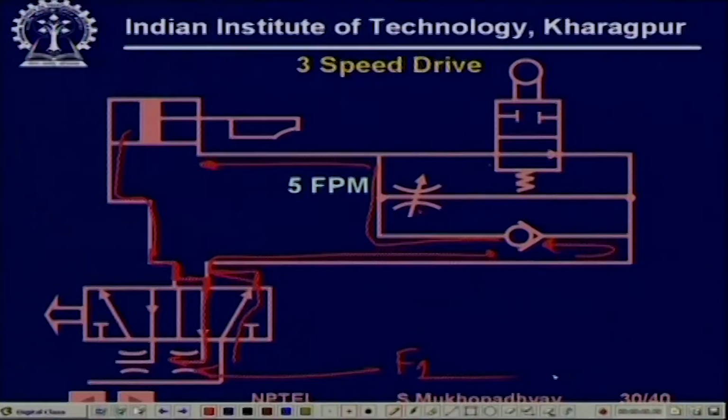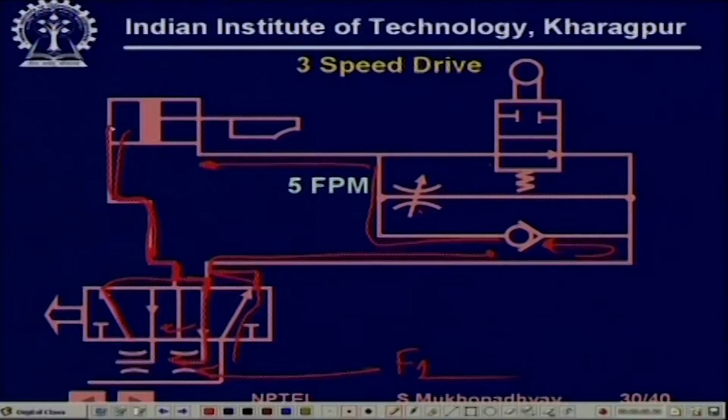On the other hand, when it is trying to move this side from left to right, that is the position corresponding to this box of the DCV. So, now the DCV is going to get connected through this and this port will get connected here.